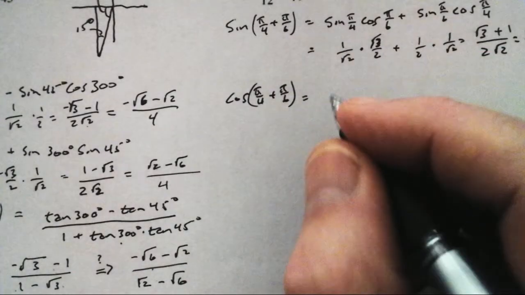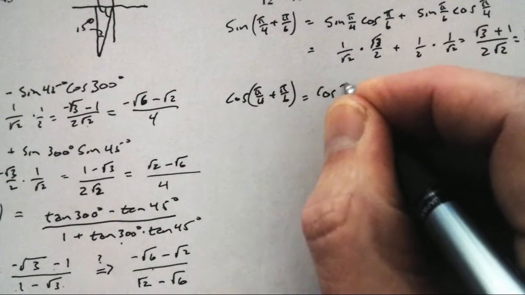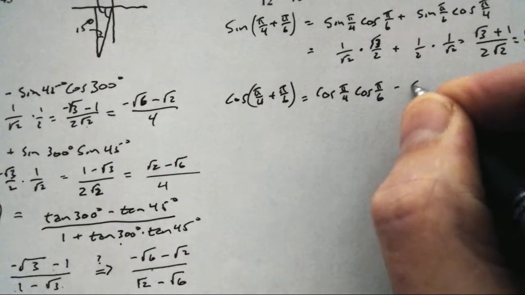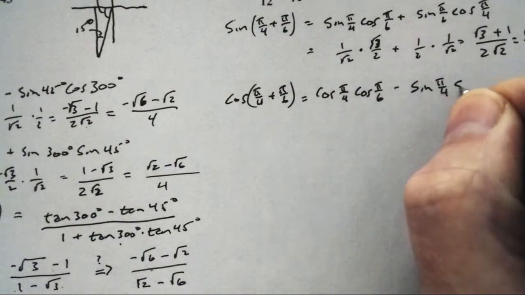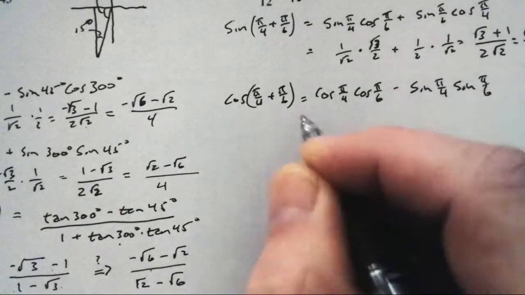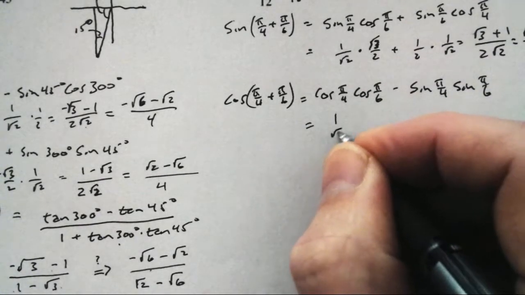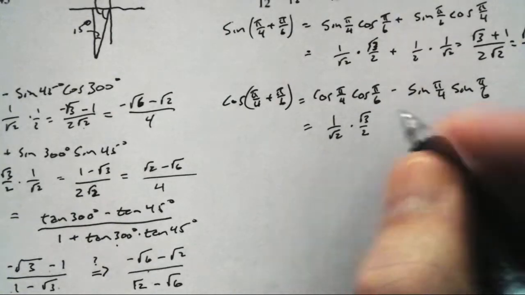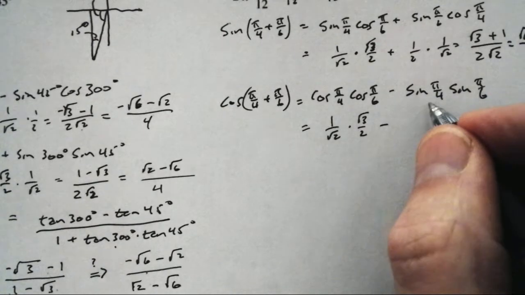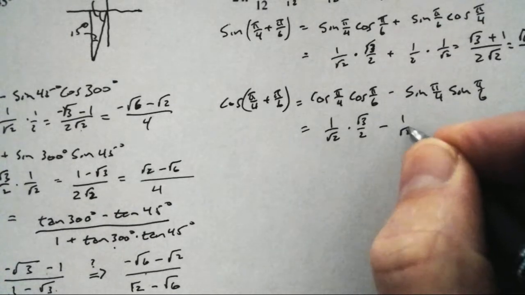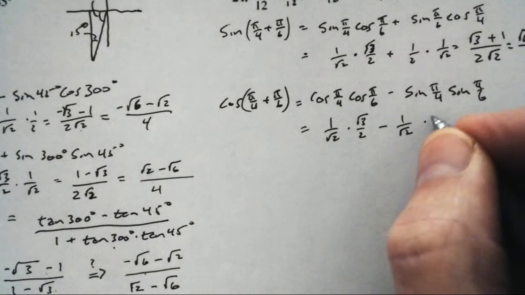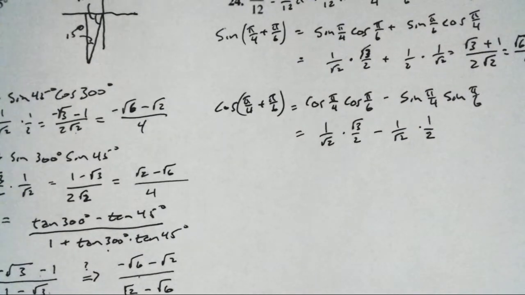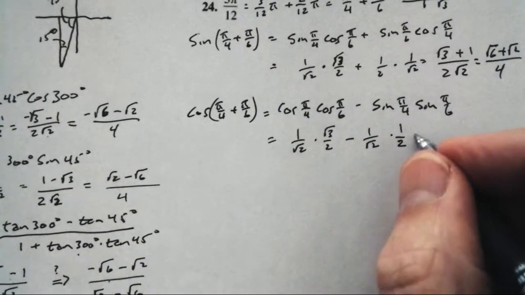So we get cosine pi on 4, cosine pi on 6, minus sine pi on 4, sine pi on 6, cosine pi on 4, 1 on square root of 2, cosine pi on 6, square root of 3 on 2, minus sine pi on 4, 1 on square root of 2, sine pi on 6, 1 on 2. And you notice we keep getting these common denominators, and that would be the norm for these problems.